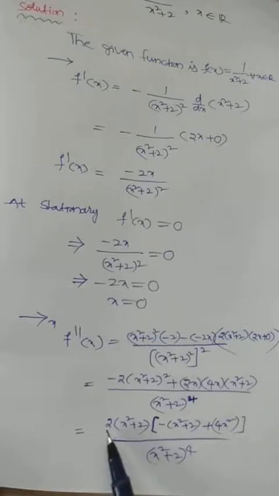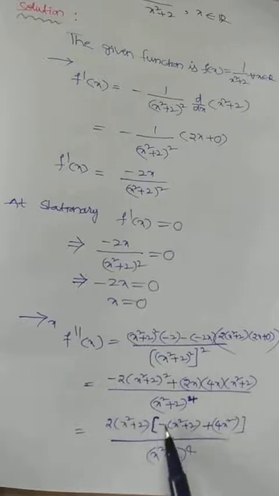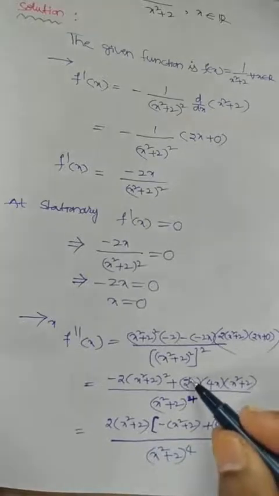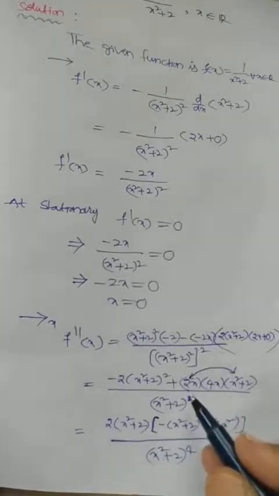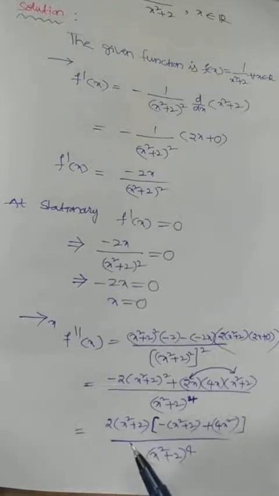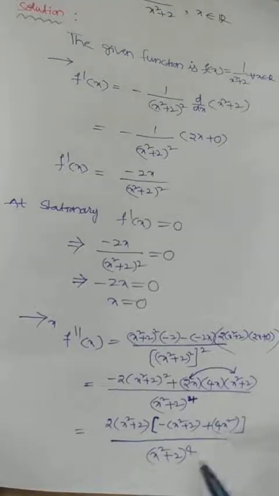So 2 into x square plus 2 is taken common from these two terms, I would get a minus 1 more x square plus 2 here, plus 4x into x means 4x square by x square plus 2 whole power 4.